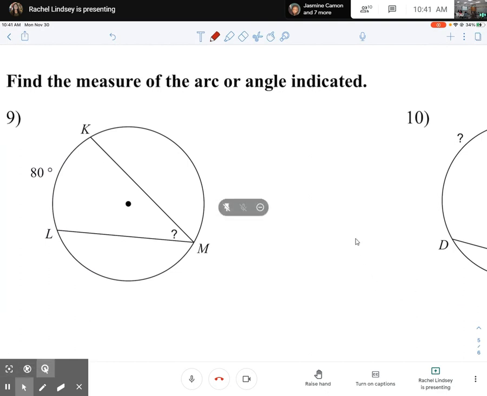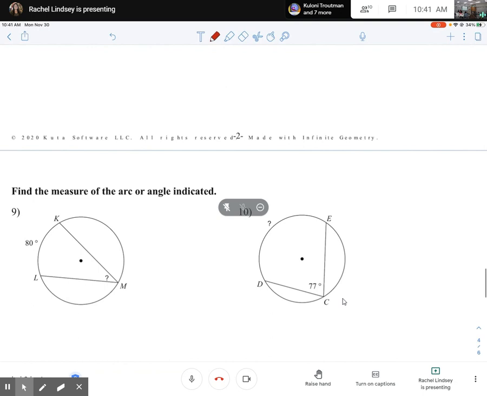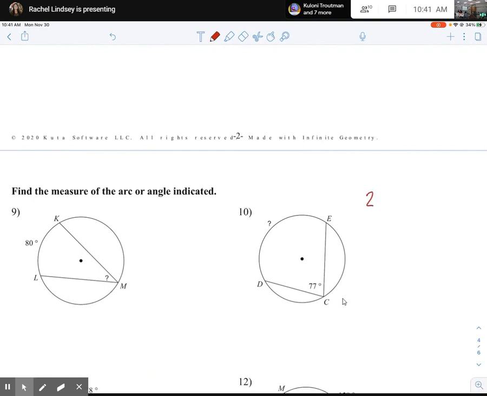So an inscribed angle has a vertex on the circle instead of at the center. So we use our formulas, which is 2 times angle equals the arc, or the angle equals arc divided by 2. If we're looking for an angle, we'll do arc divided by 2. If we're looking for an arc, we'll do 2 times angle.